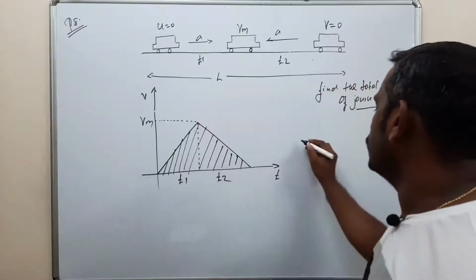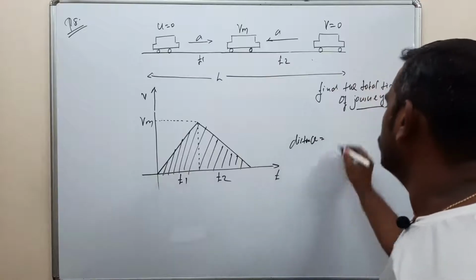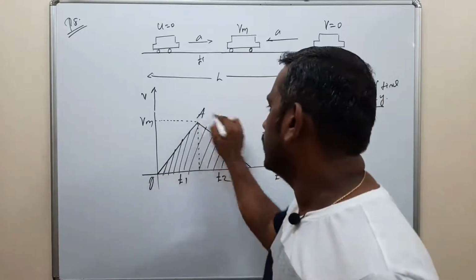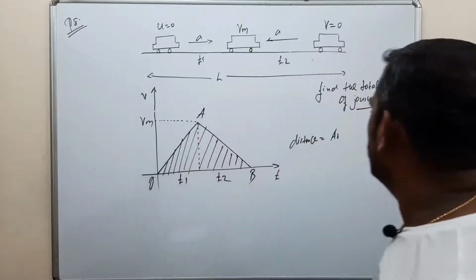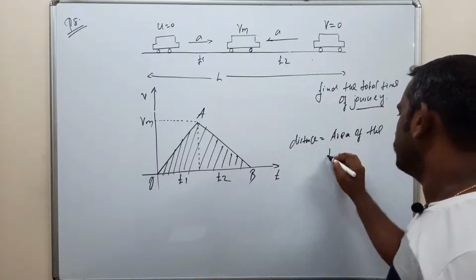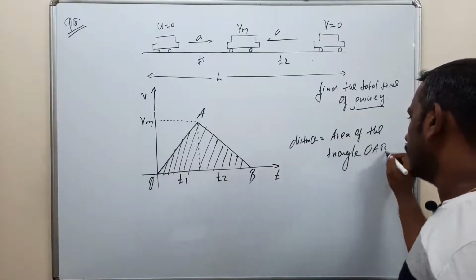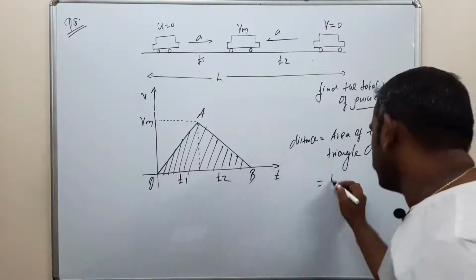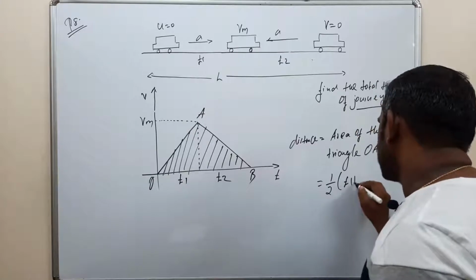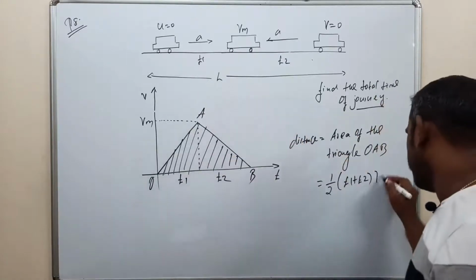The distance traveled by the car is equal to the area of the triangle OAB. That's equal to half into base, that is t1 plus t2, into height, that is Vm.